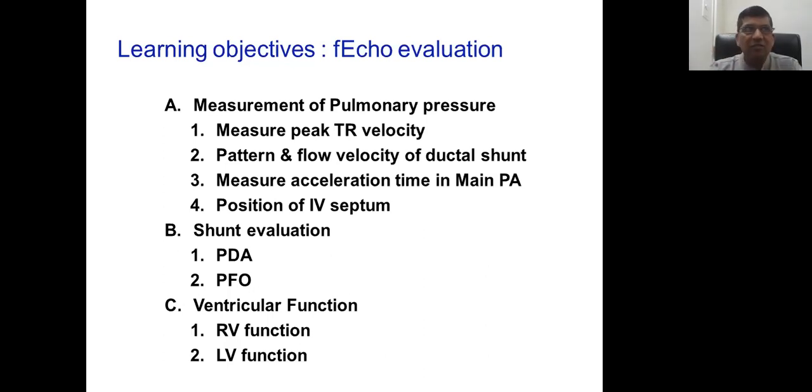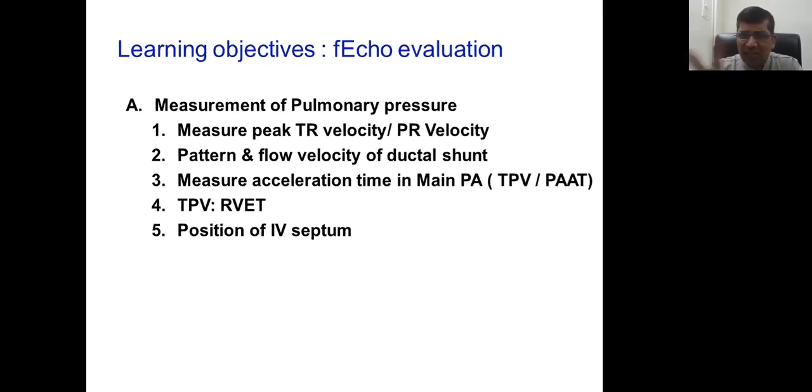These are the markers we will discuss in the next 20-25 minutes. From these markers, you can consider that we are dealing with mild, moderate, or severe pulmonary hypertension.